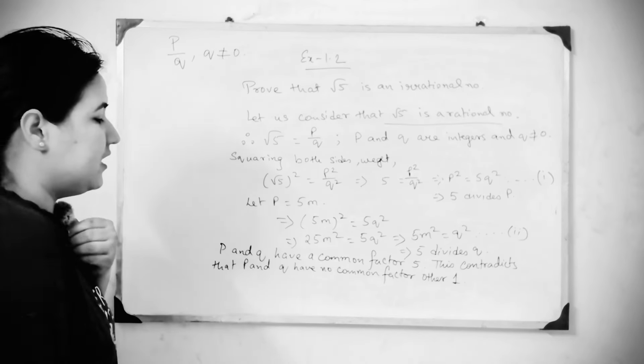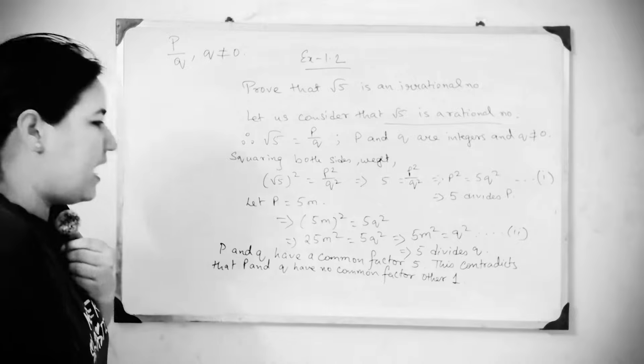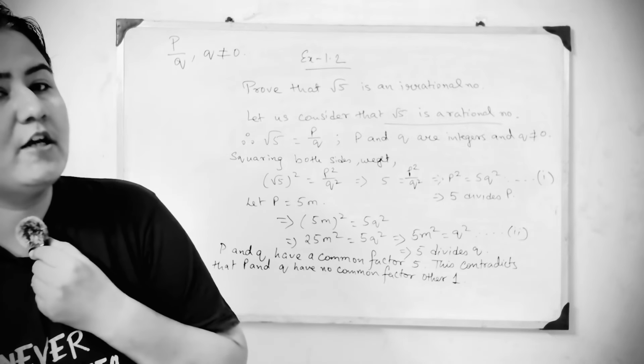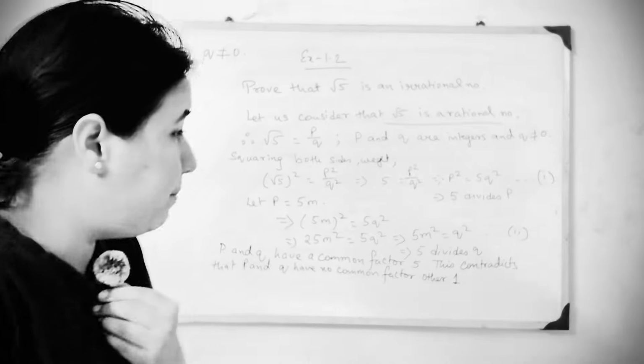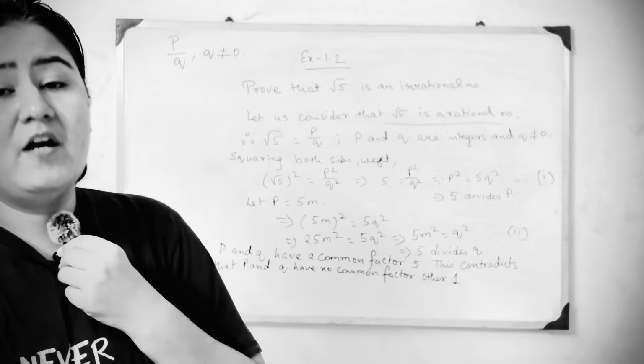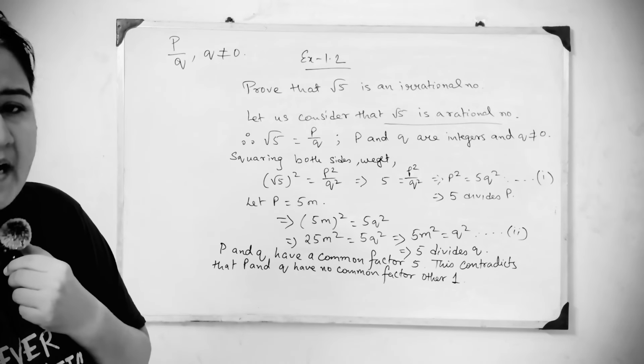But here we are considering root 5 to be a rational number, and then we are observing from the two equations, equation 1 and equation 2, that p can be divided by 5, and q also can be divided by 5, which means what? 5 is a common factor between p and q.